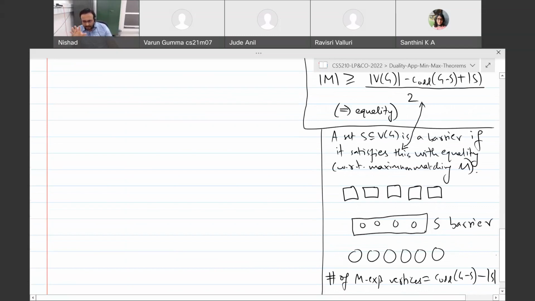Right? So with respect to this matching, you will have exactly 2 exposed vertices. So can anyone tell me, what will this matching look like? I'll ask you a very specific question. Could your matching have an edge like this? Is it possible for your matching to have this kind of an edge? There are only 2 exposed vertices.